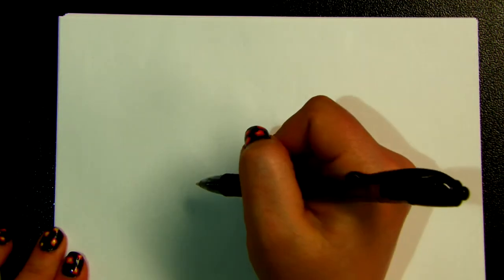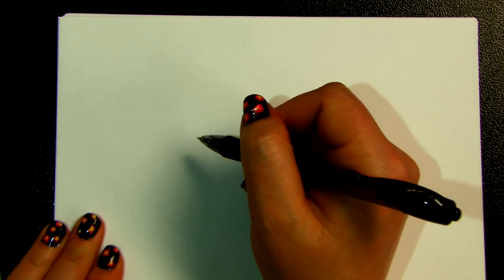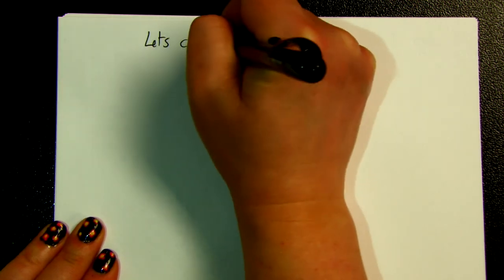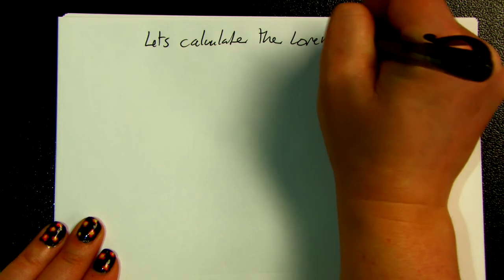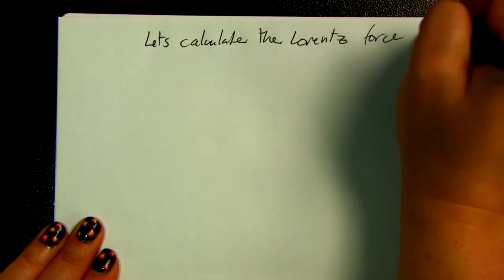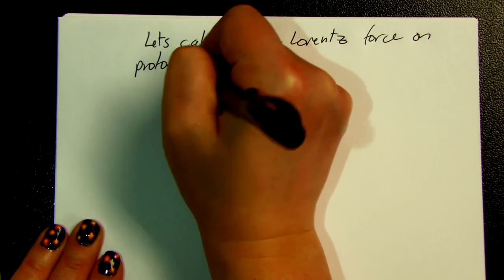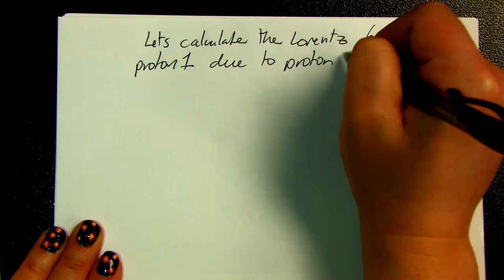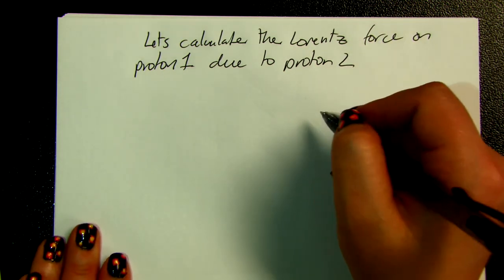Okay, so we've got two fields, two forces. So of course what this is leading to is another application of the Lorentz force. So let's calculate the Lorentz force on proton 1 due to proton 2. So remember, we always want to know who is observing this problem, from which perspective are we looking at?